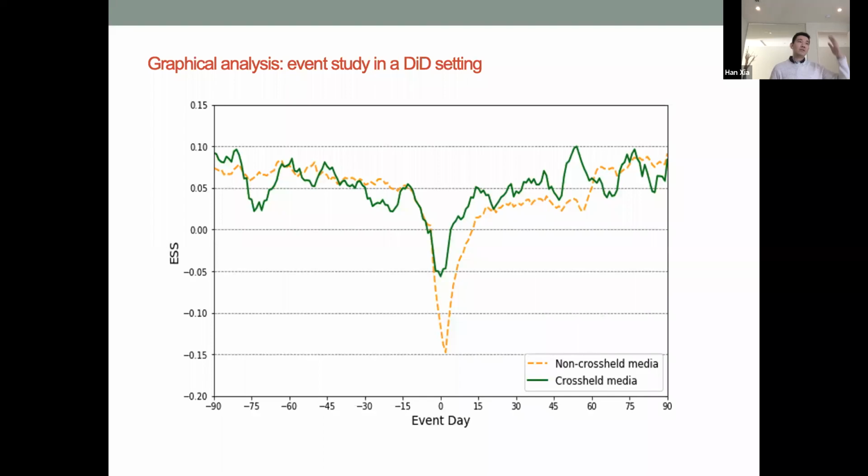That's why we see a sort of reversal for both. And that highlights why we need to compare the patterns of these two, because if there is this reversal pattern for all media, we need to net that out. That's my understanding. Thank you.